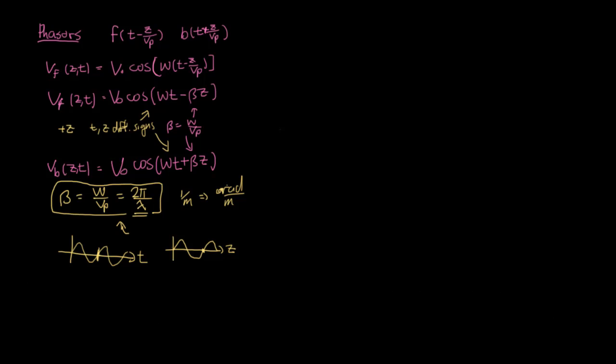Now what we're going to show is that in phasor form, so this is what we'll call the instantaneous form, the phasor form, we're going to show that you can take this instantaneous form and rewrite it like this.